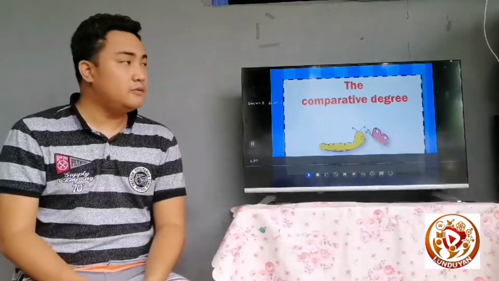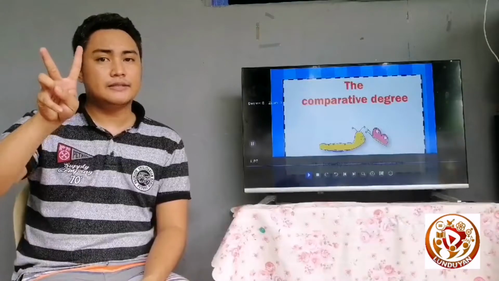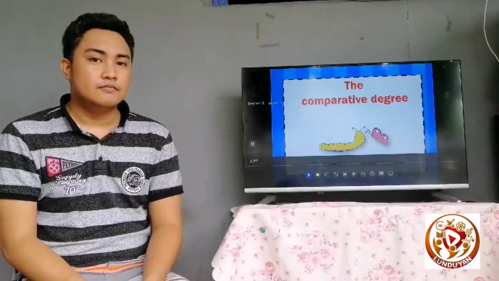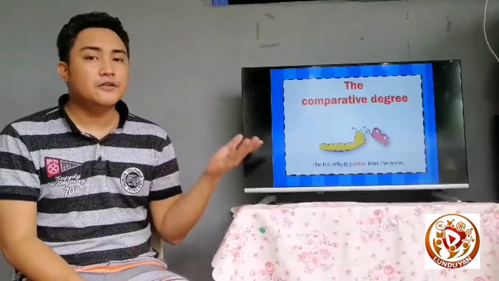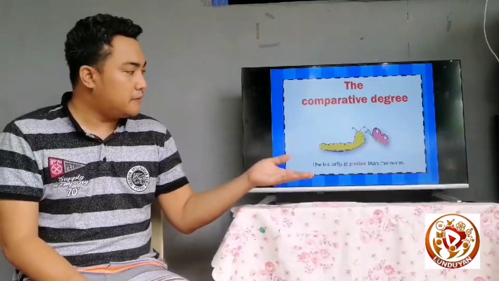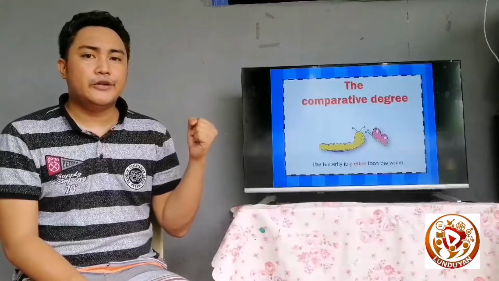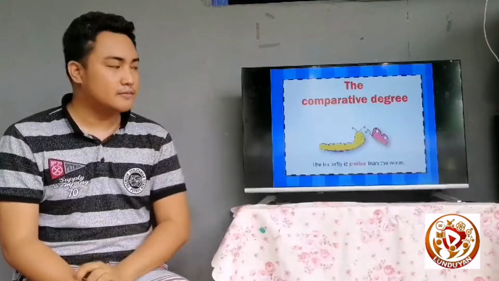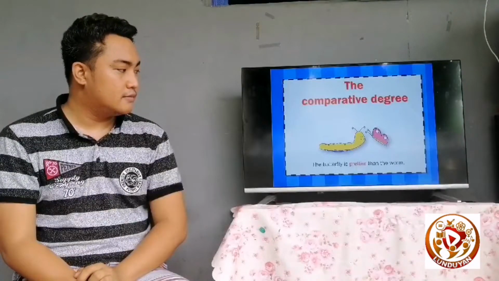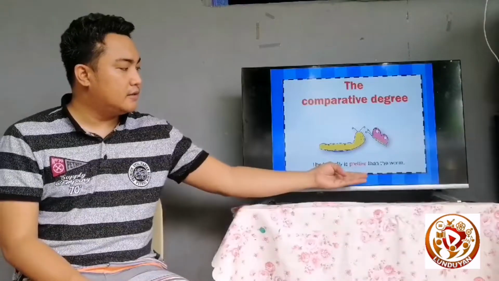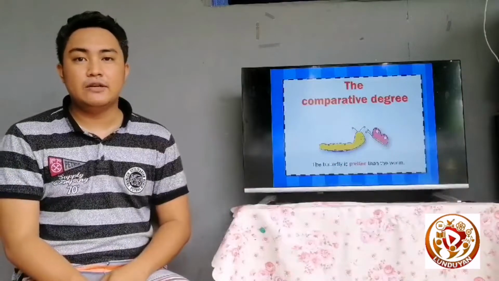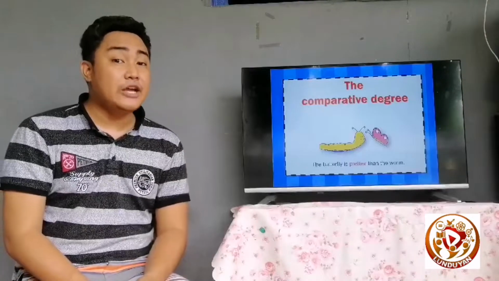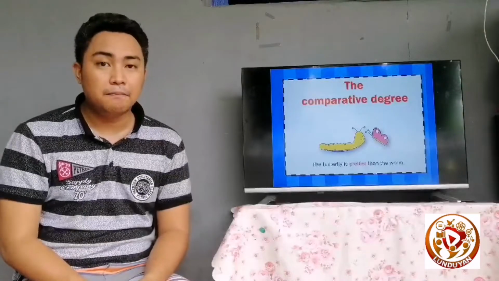Look at another example. What are the two things that were being compared in the picture? That's right. We have the butterfly and the worm. What do you think are the words that we can use to describe these two things? That's right. Pretty. Now, if we use it in a sentence and we add an ER, we say the butterfly is prettier than the worm.